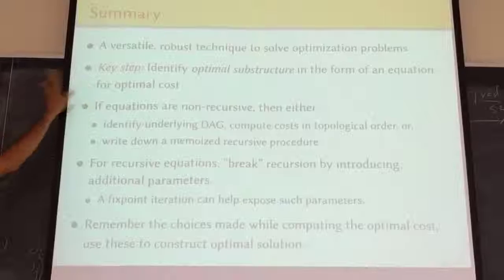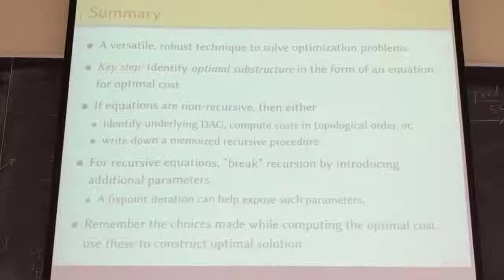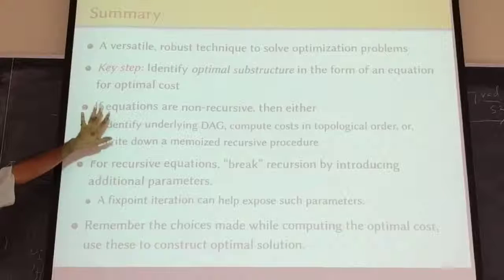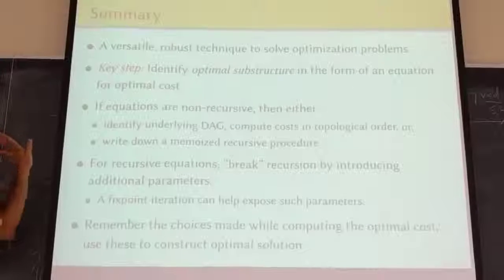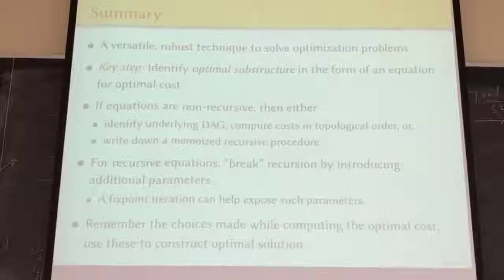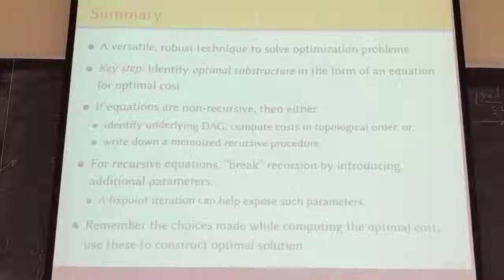But again, the key is always this. Once you realize that that is the key, do not get too bogged down in the other details. These other details you can always pick up, but that's really the crux. Knowing that there is the structure, you can then apply dynamic programming to solve that optimization.